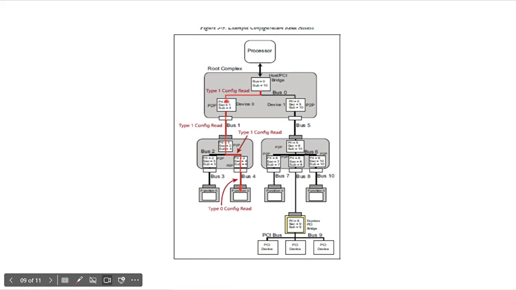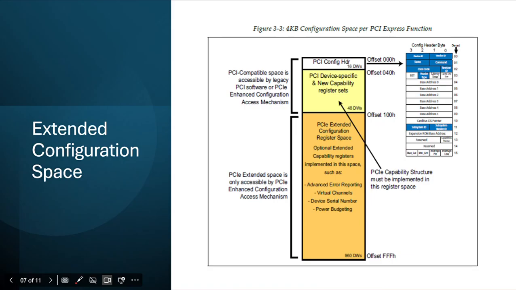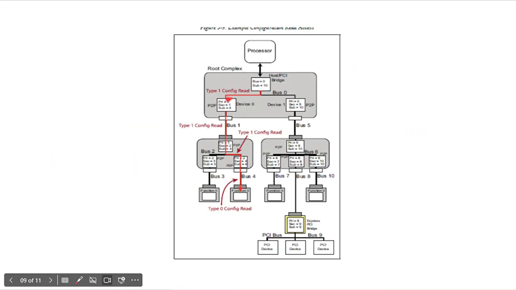The vendor ID is less than all the bits being ones. Here you can see it is 16 bits, FFFF, and the vendor ID is less than FFFF. At that time, the host bridge will understand the device is present.